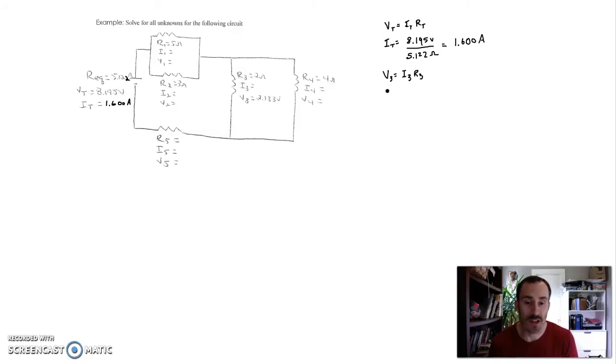And I'm solving for that current again, so I3 is equal to 2.133 volts divided by 2 ohms. And that gives me 1.067 amps. That's I3.